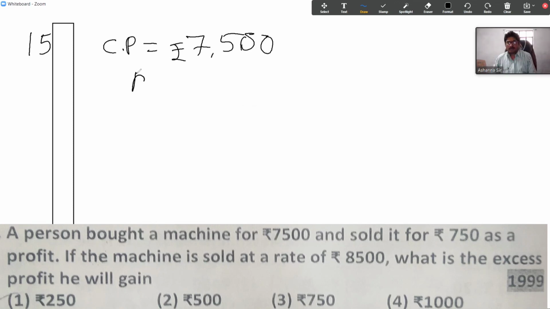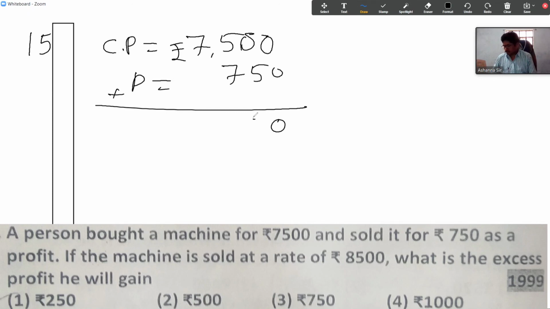So this is the profit, 750. If we add this, we get the selling price, 8,250. So this is the selling price.